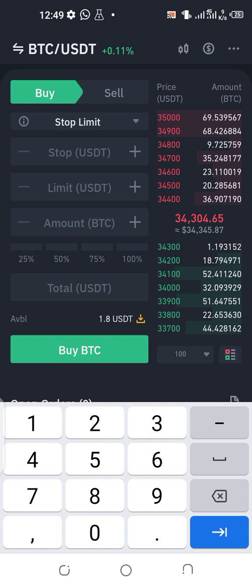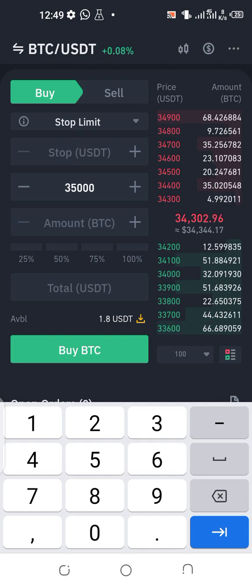Maybe I want to see if it will rise to 35,000, and I'm of the opinion that if it rises above 35,000, it's going to keep going, maybe till it reaches 40,000. Okay, so I'll place a limit at 35,000 to buy at 35,000.